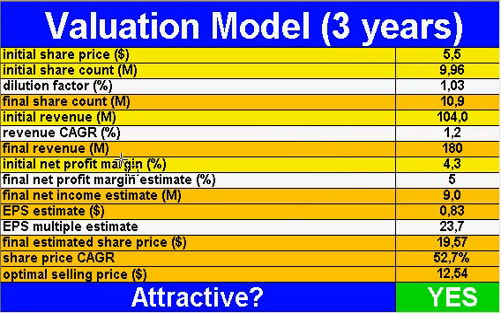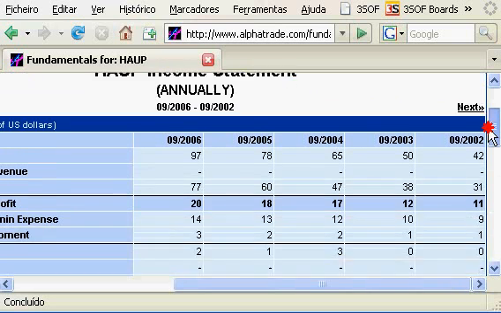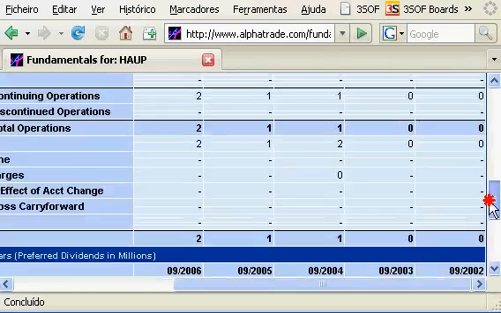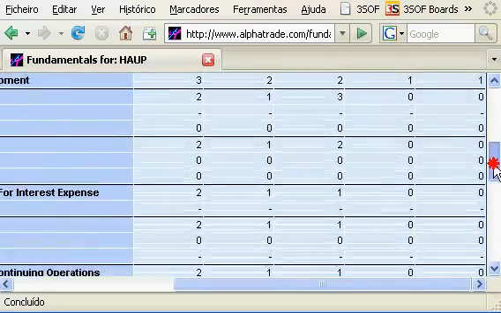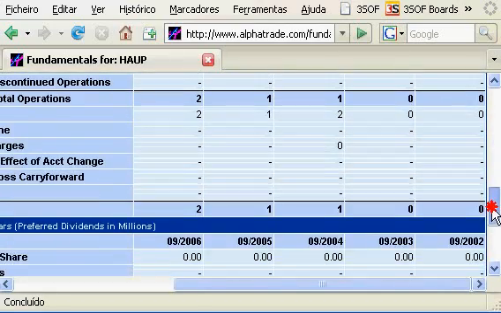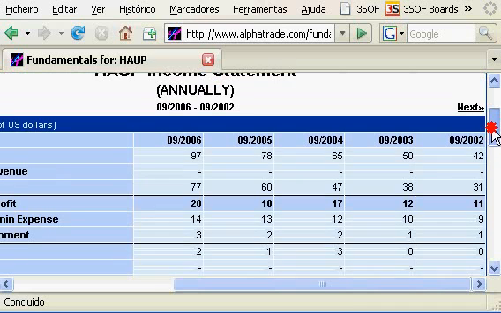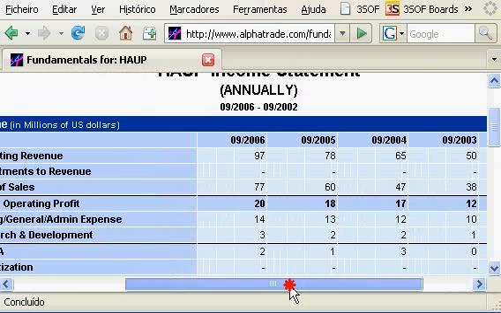Initial net profit margin, this is the fiscal 2006 net profit margin of 4.3%. This could expand to 5%, but there, as always, there has been some margin. How should I say it? The net profit margin isn't growing as much as revenues, and look here, our net profits.